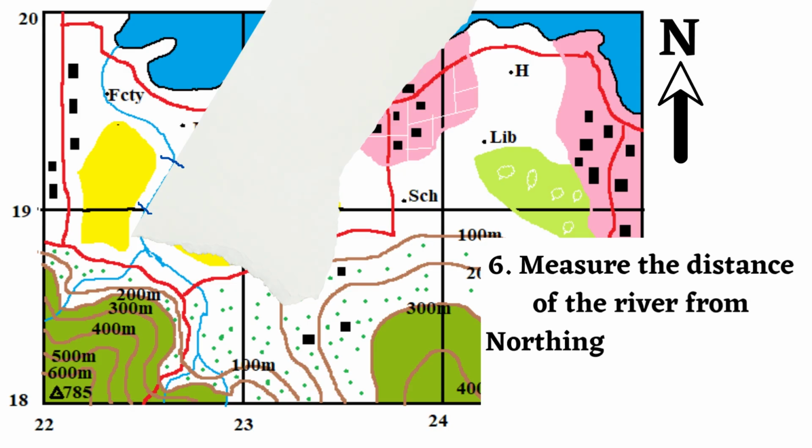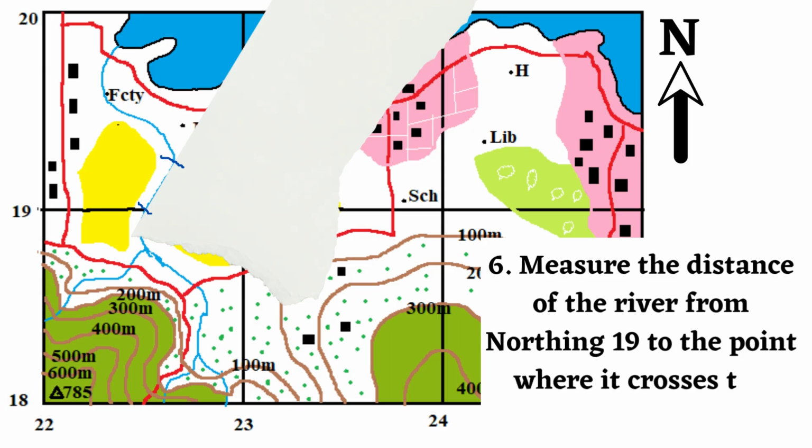All right, so on to number 6. Number 6 says, measure the distance of the river from northing 19 to the point where it crosses the road near the factory.